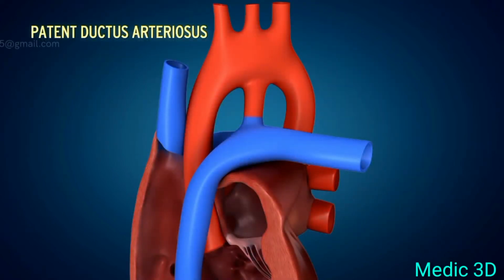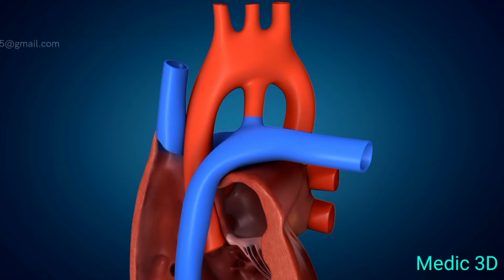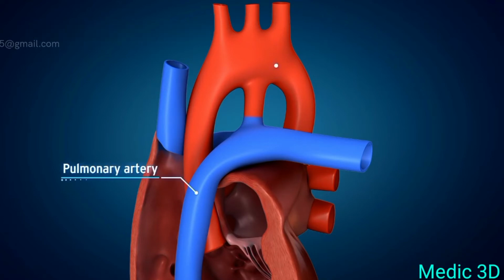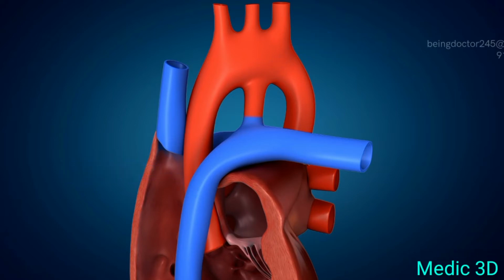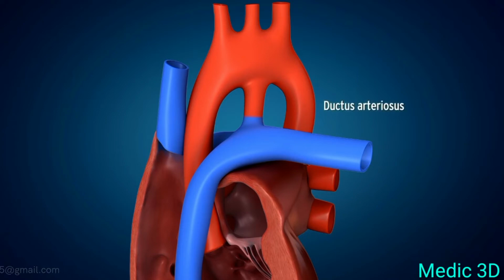Patent ductus arteriosus. It is a vascular connection between the pulmonary artery and the aorta, just distal to the origin of the left subclavian artery. It is present during uterine development of the fetus, where the blood flows from the pulmonary artery to the aorta, bypassing the unoxygenated lungs, and is known as the ductus arteriosus.